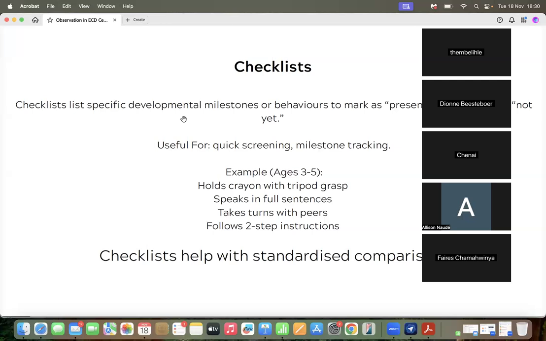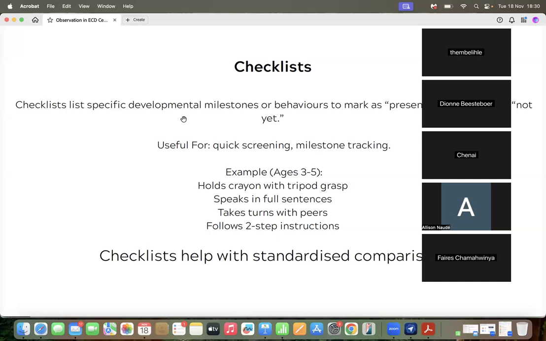Milestone tracking is especially important in an early childhood development center because you need to understand if that child is on the right track with his milestones. I will share a short PDF on milestones after the session if anyone wants to read into it.